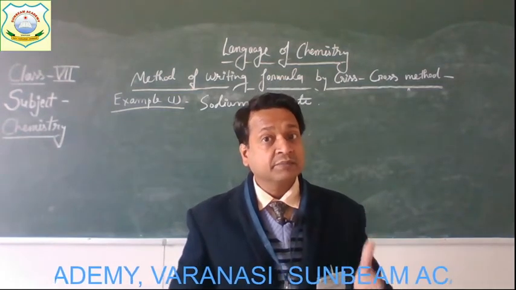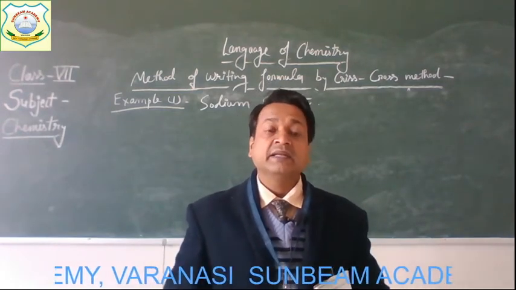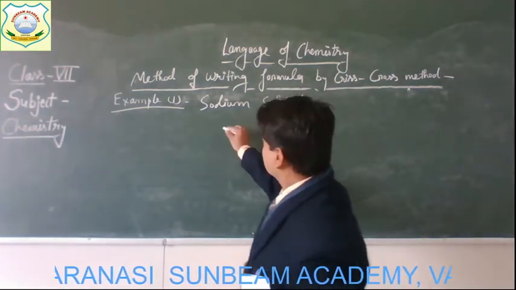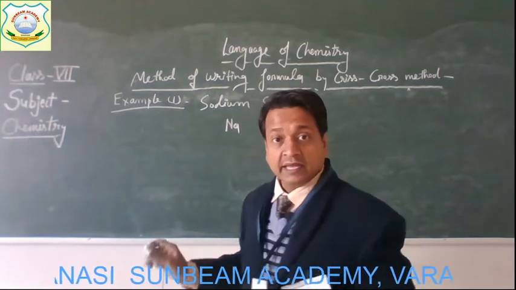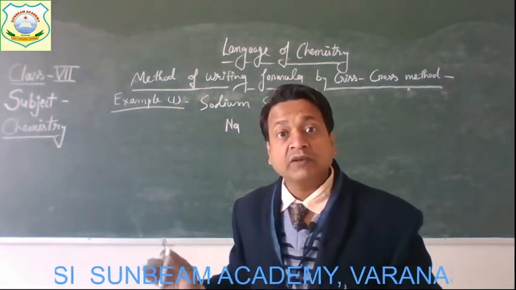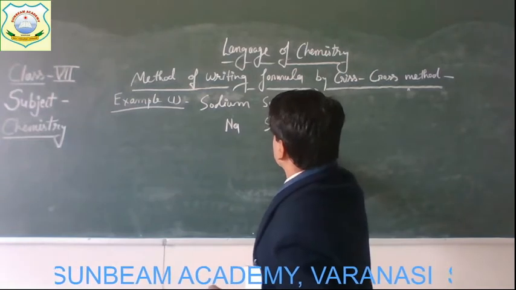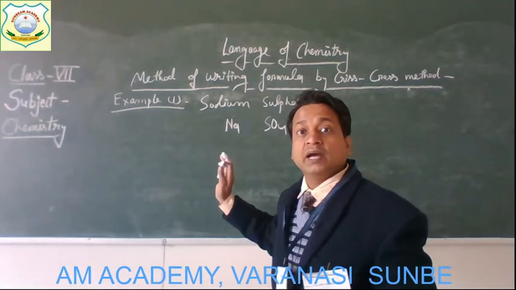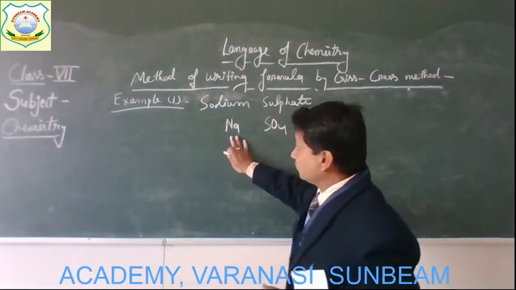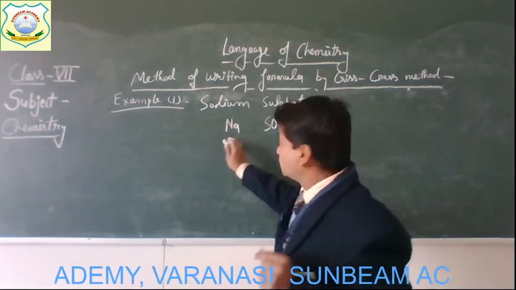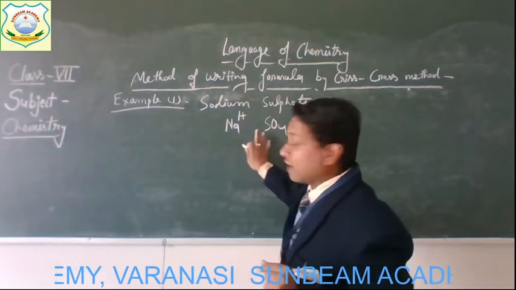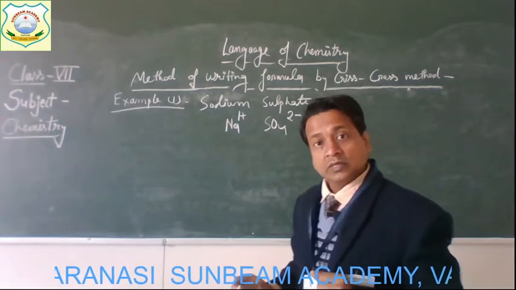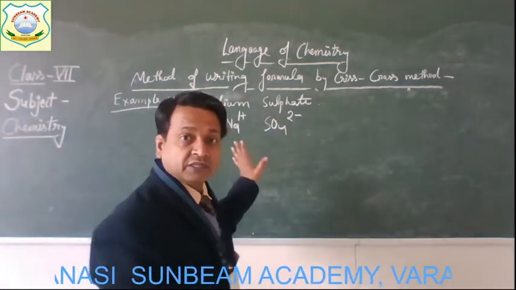We will write the symbols side by side with valencies at the top. The symbol of sodium is Na and the symbol of sulfate is SO4, and we will write the valencies of these two at the top. The valency of sodium is +1 and the valency of sulfate is -2. So this is our first step.